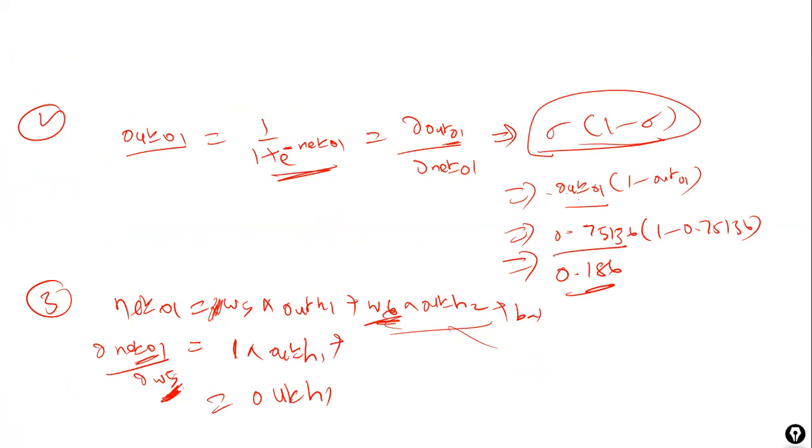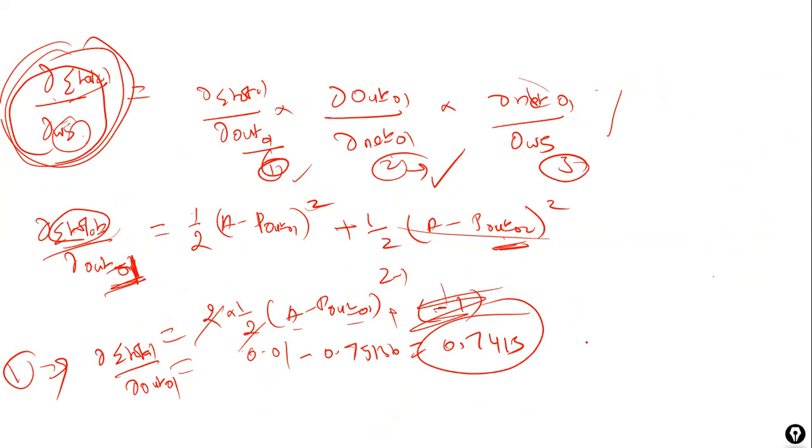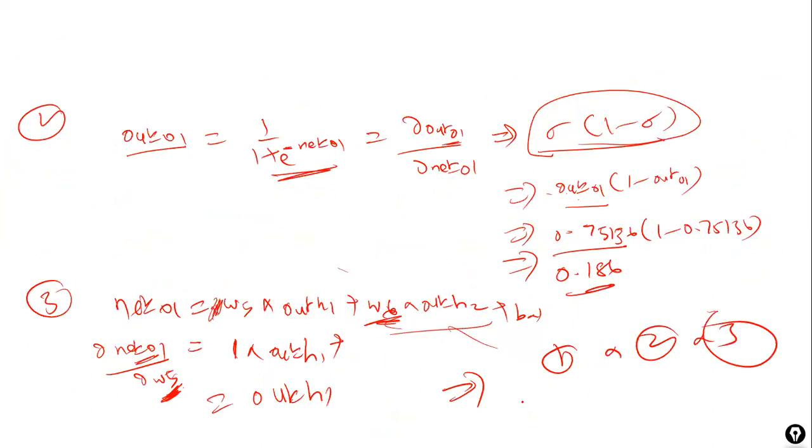So if you multiply 1, 2, 3, what value will you get? 1 into 2 into 3. For the first one, it is 0.7413, see, 0.743. The second one is 0.186.